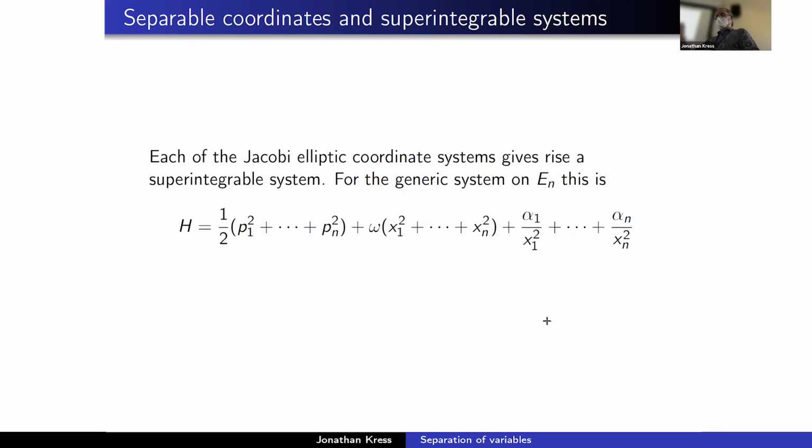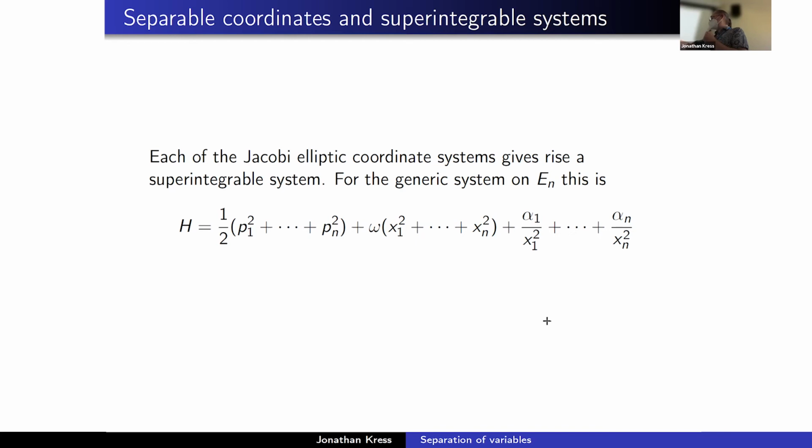If you pick a particular one of these Jacobi elliptic coordinate systems, there are some parameters E, so it's actually a whole family of coordinate systems. You vary these E's and you get slightly different ones. I mean, you're moving the ellipses in and out, the foci in and out, whatever. So you've got a whole family of elliptic coordinate systems of a particular type.